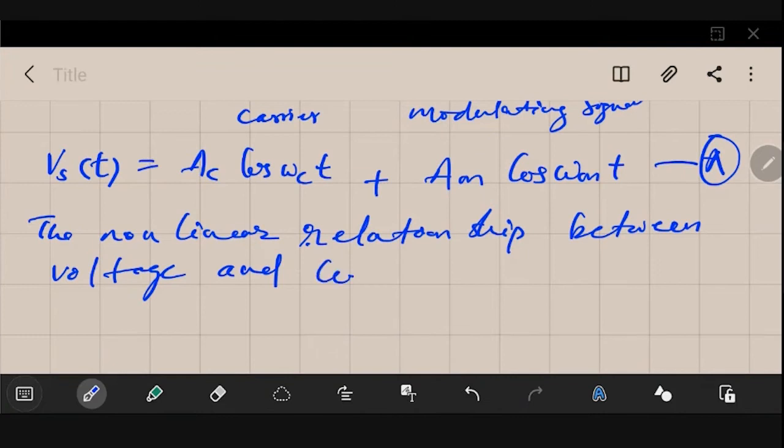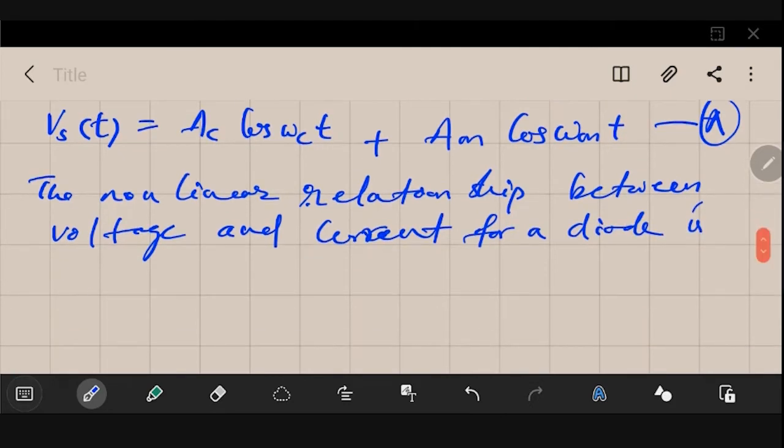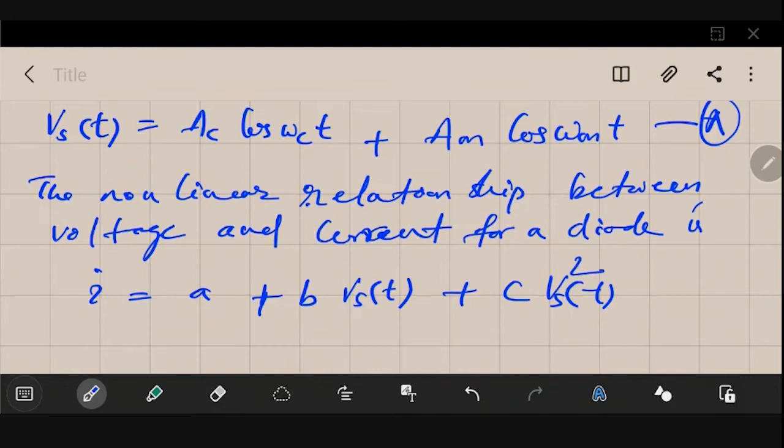Voltage and current for a diode is expressed like this: I is equal to A plus B Vs of t plus C Vs of t square.